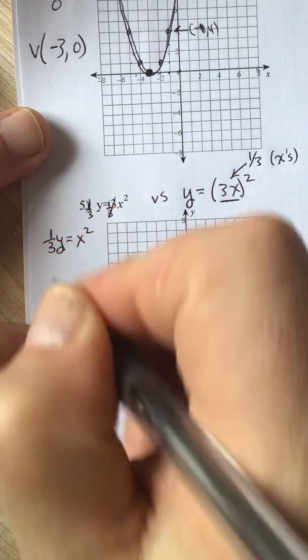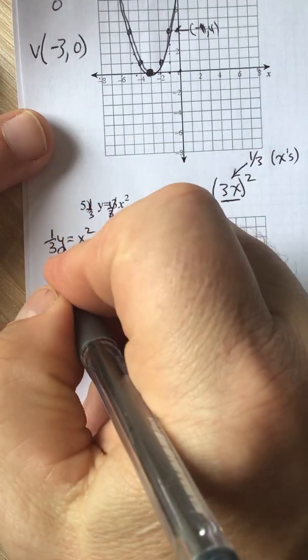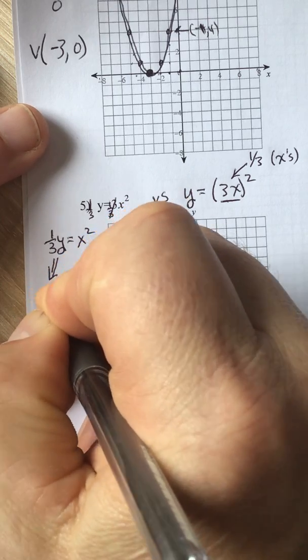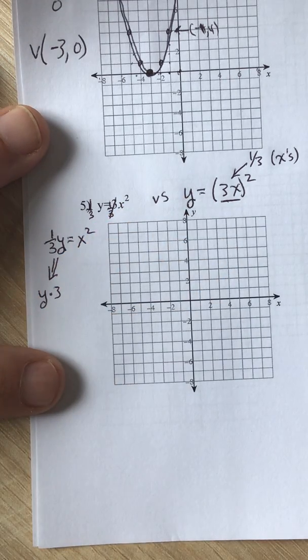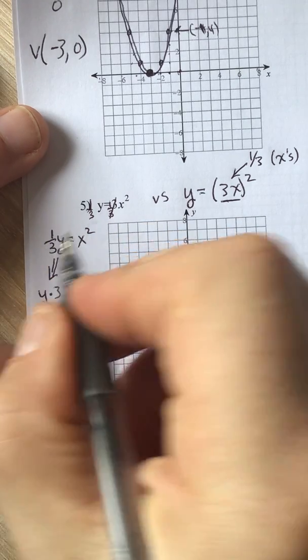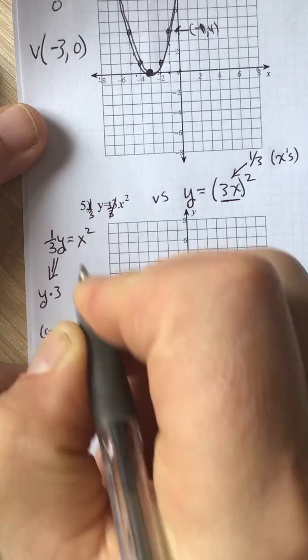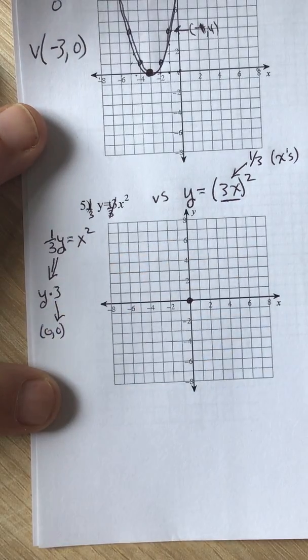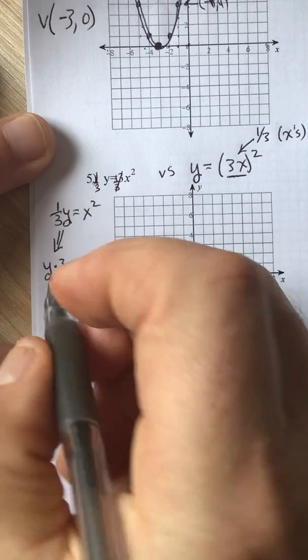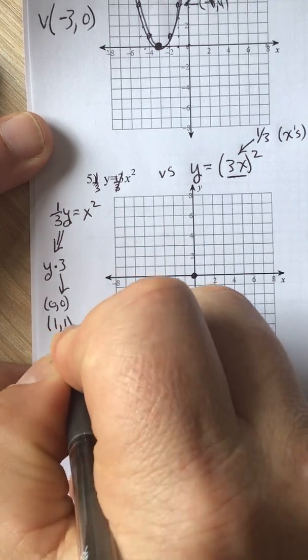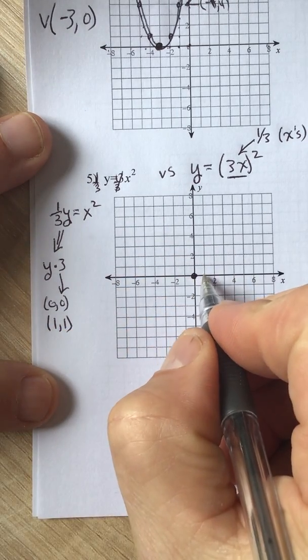Now I have a multiplier. Multipliers are the inverses, trying to force 1. So what this means is all of the y's are going to be tripled. Okay, there's been no addition shift, so it's going to start at 0, 0. But all the y's are going to get tripled. So we know that the next parent shape should have been at 1, 1.